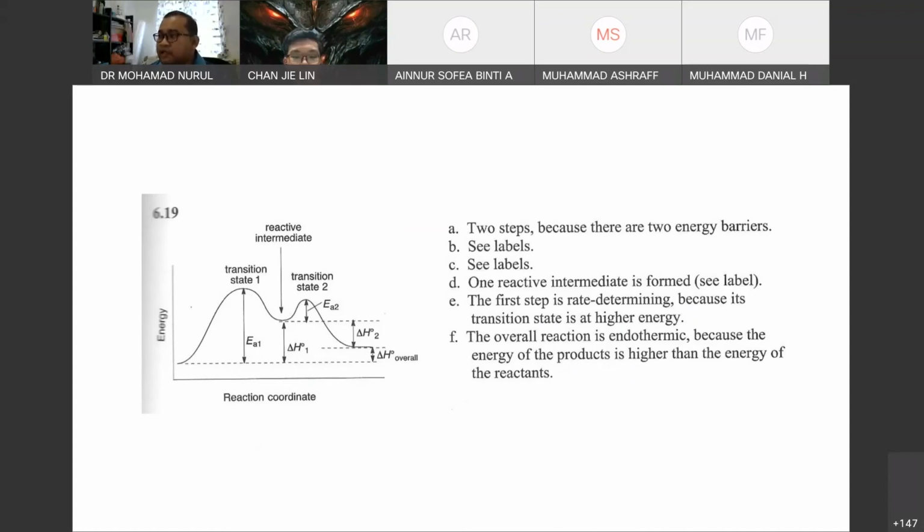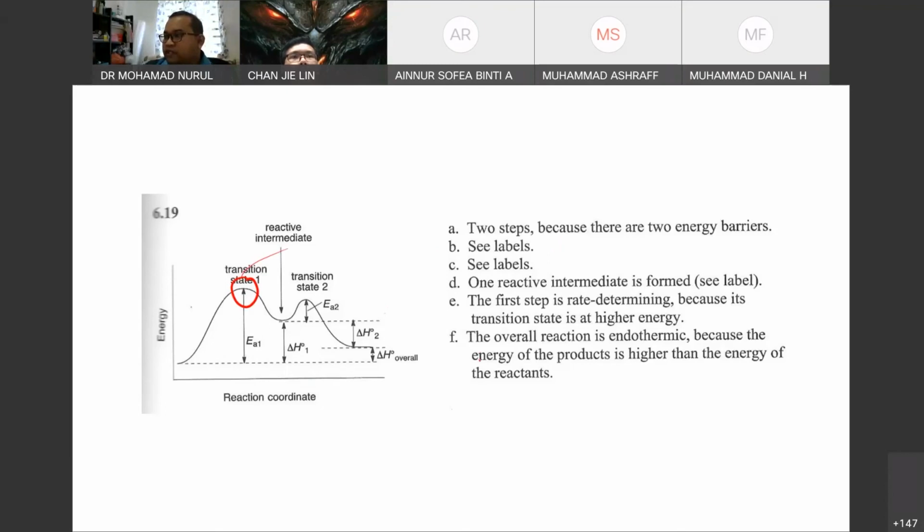Okay, and the first step is this one, this step. Okay, it is the rate determining step because its transition state is higher in energy. So it means they have to reach a certain activation energy to make sure the reaction moves forward. It depends 100% on this step.